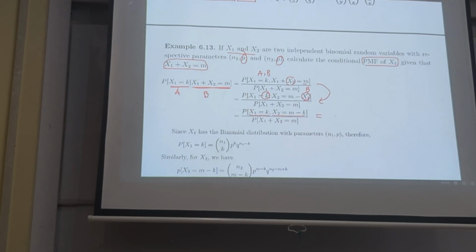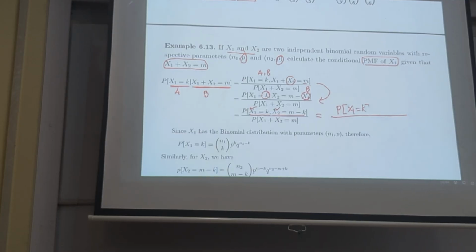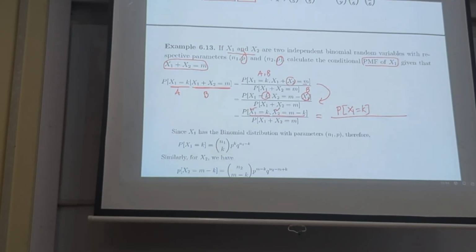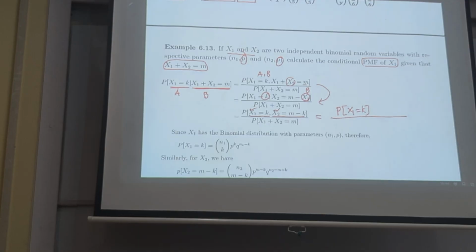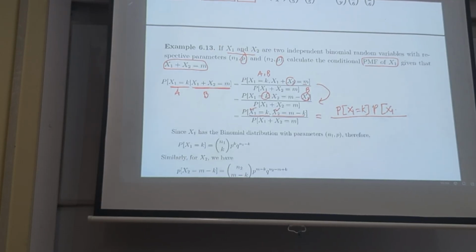And also, since X1 and X2 are independent random variables, we can also write this. Why? If the events are independent, their joint probability is equal to the product of their individual probabilities. Right?